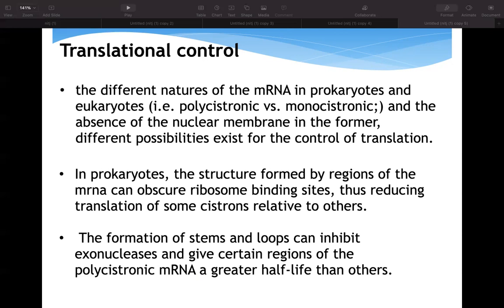Stem and loop formation in mRNA can inhibit endonuclease and give certain regions of polycistronic mRNA a greater half-life than others. The greater half-life of mRNA causes greater stability, thus causing more translation and more proteins to be synthesized.